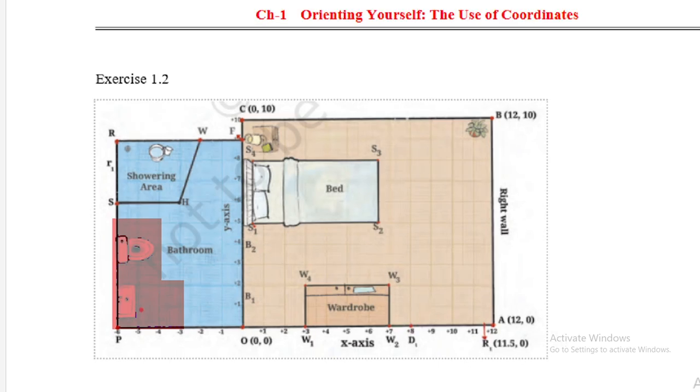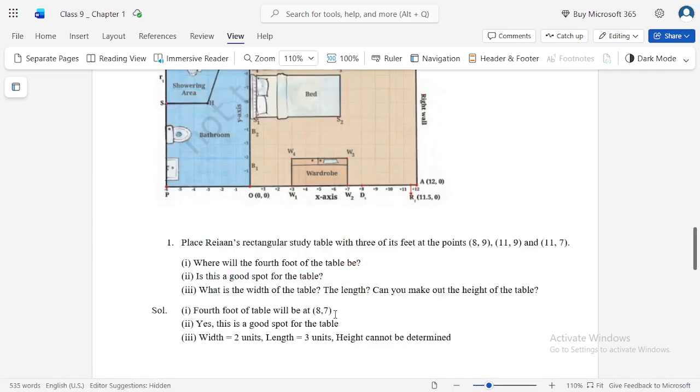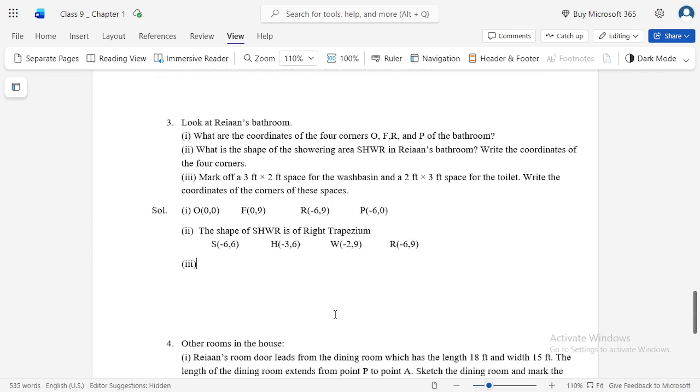For the wash basin it is minus 6 comma 0, minus 3 comma 0, minus 3 comma 2 and minus 6 comma 2.